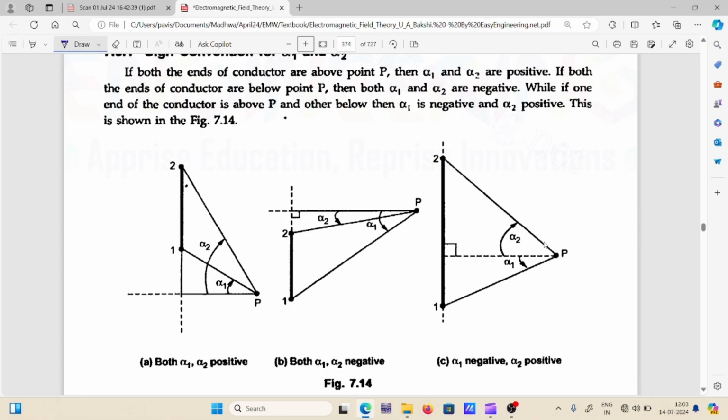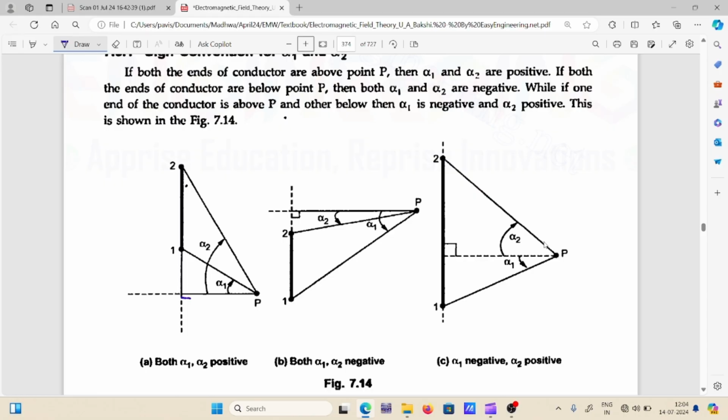Means the alpha 1 and alpha 2 angles come above the observation point. Means from origin to P, it makes a right angle, right? So this is a right angle. For this right angle, the whole length of the conductor comes up to the observation point. So alpha 1 and alpha 2 are positive.